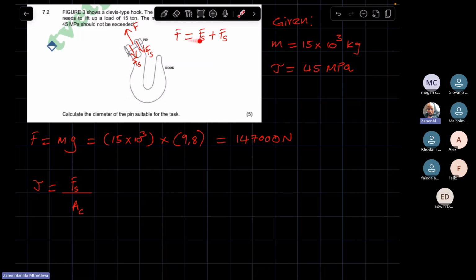Taking this into account, we know that F is equal to 2 times the shearing force. Solving for the shearing force, it means the shearing force will be equal to half the tension on the rope. Are we together?